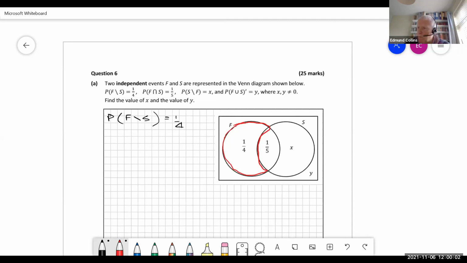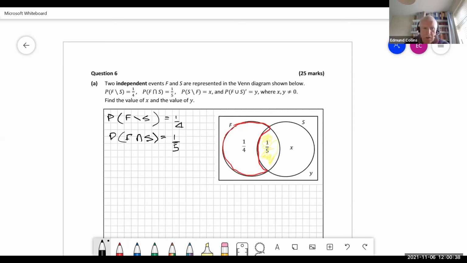The next step, the probability of F and S, that's straightforward, that equals a fifth.